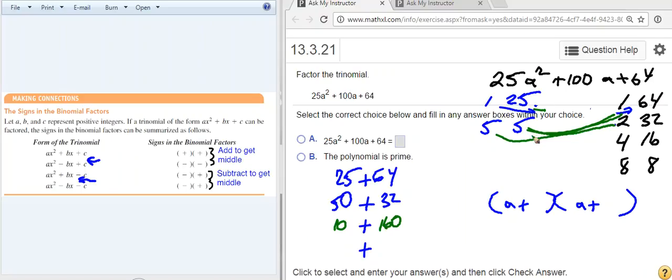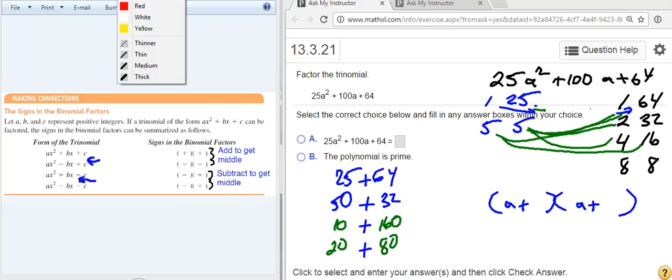Not quite. 5 times 4 is 20. 5 times 16, well, that's 80. Oh, wow, 20 plus 80 is 100. So I know now that I'm going to use this combination. 5 and 5, 4 and 16.